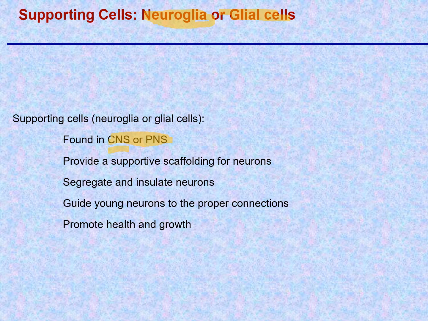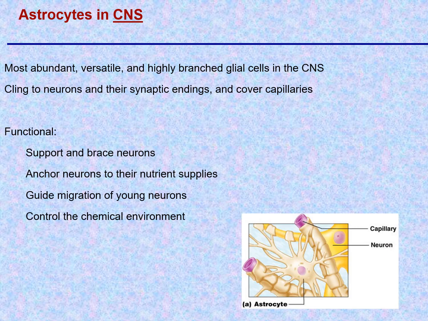Supporting cells or neuroglia provide a physical supporting scaffolding for neurons. They can separate and insulate neurons. They can guide neurons to proper connection as they're growing, and they promote the health, maintenance and growth of the neurons. Some of the types that are found include astrocytes.